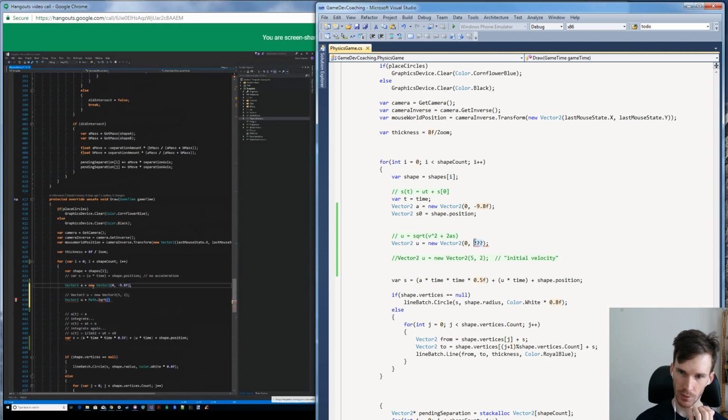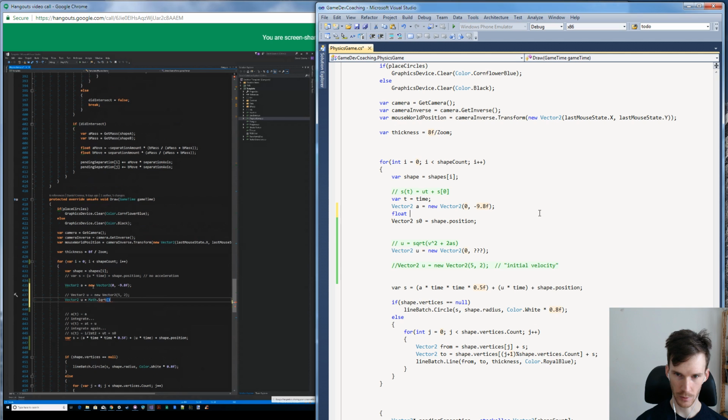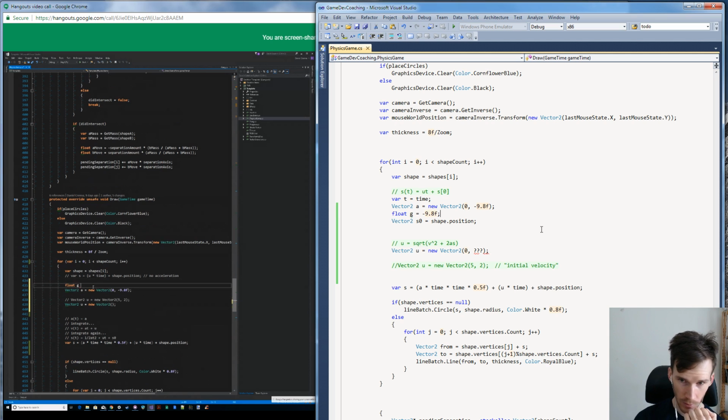You'll just have to go acceleration dot y, or in fact you could just write float g equals negative 9.8f if you were so inclined. Sure. That's reasonable.